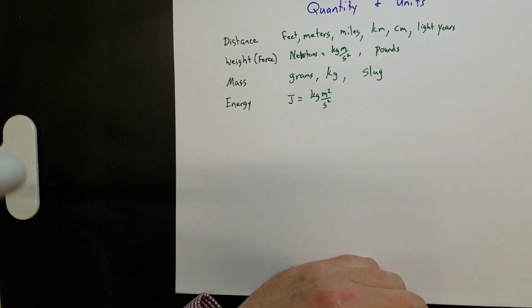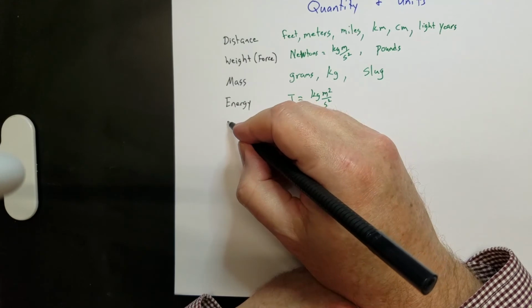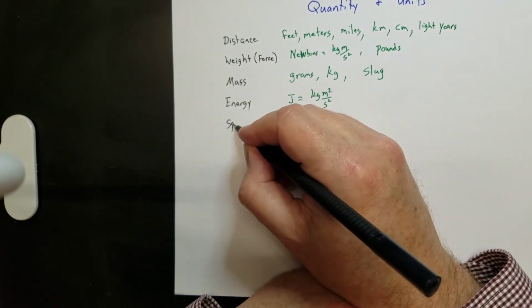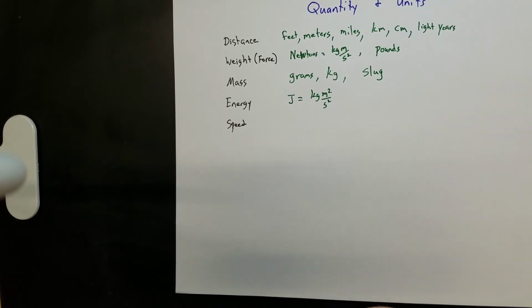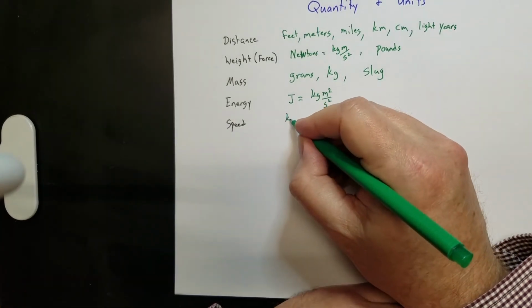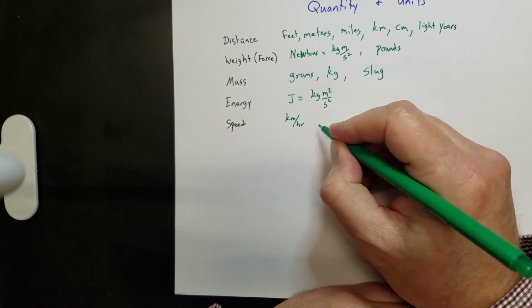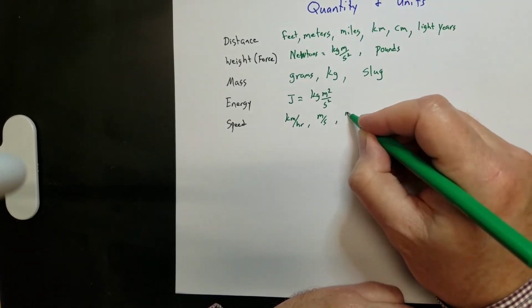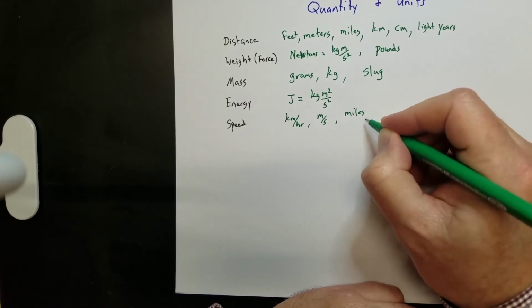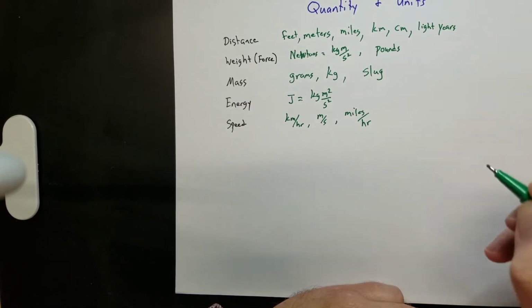If you're driving, a lot of times you measure your speed or your velocity. And speed's measured in, well, kilometers per hour, meters per second, miles per hour. Again, you get the idea.